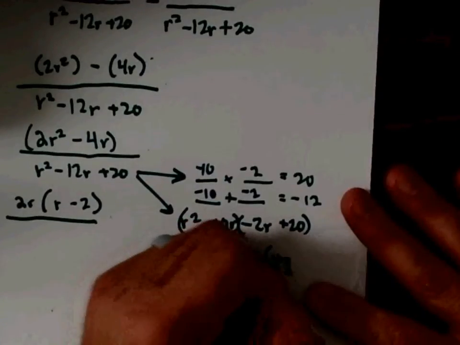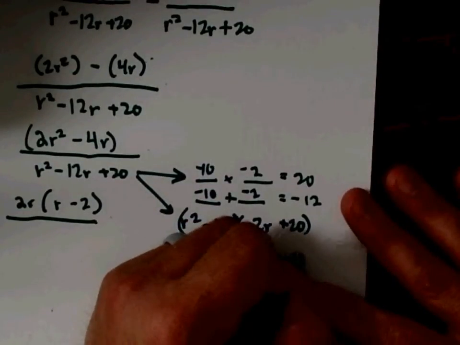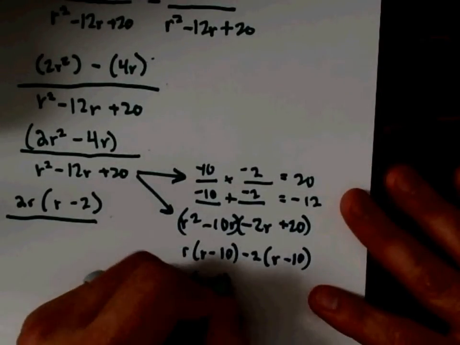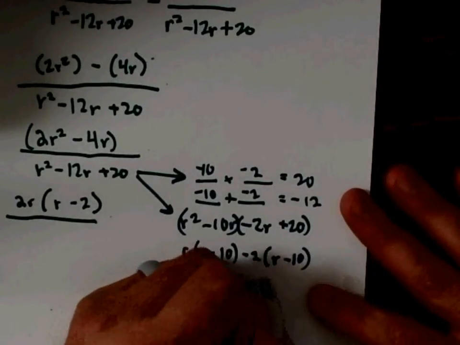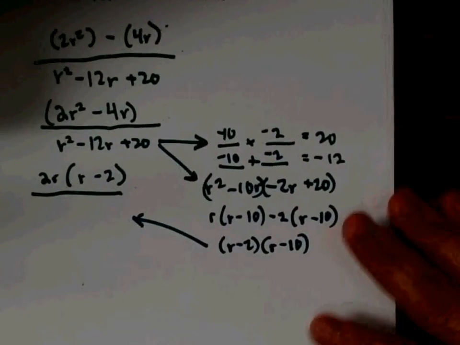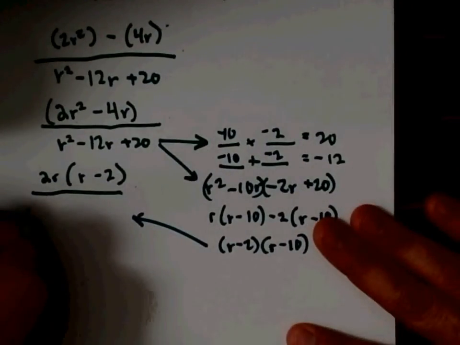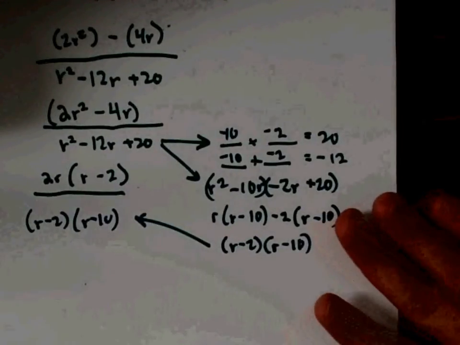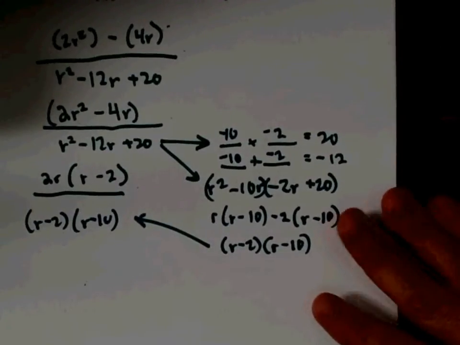Negative 2. So what are my factors? r minus 2, r minus 10. Thank you for the r minus 2, right? So I'm going to take this, plug it back into my original, and I'm going to have r minus 2, r minus 10.